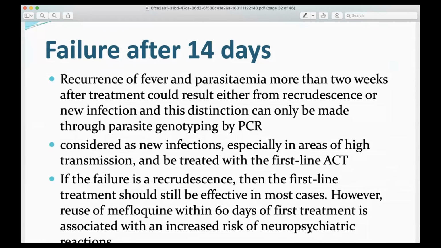So if the patient has malaria and you have treated, there is no guarantee you will not get a new infection after 14 days. So it is very difficult to say whether it is a treatment failure or a new infection.